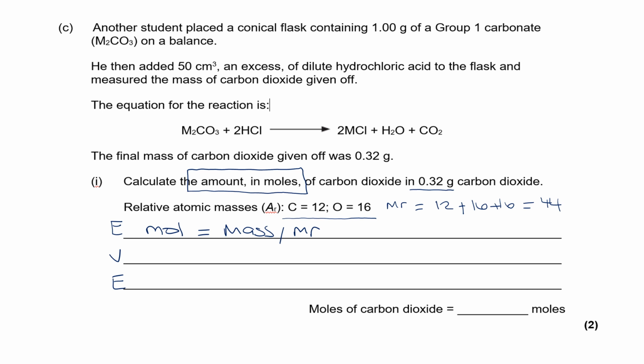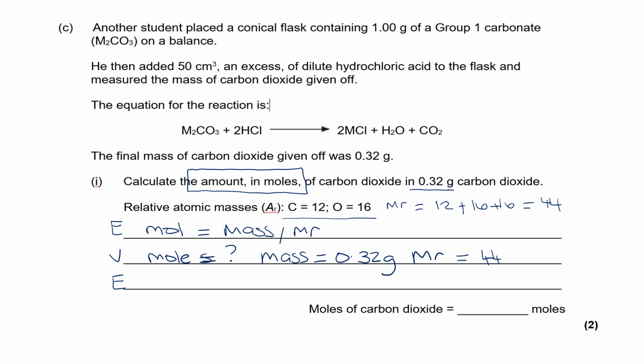Now we're calculating the amount of moles, and the value of our mass from the question is 0.32 grams, and our MR that we've worked out up here of carbon dioxide is 44.